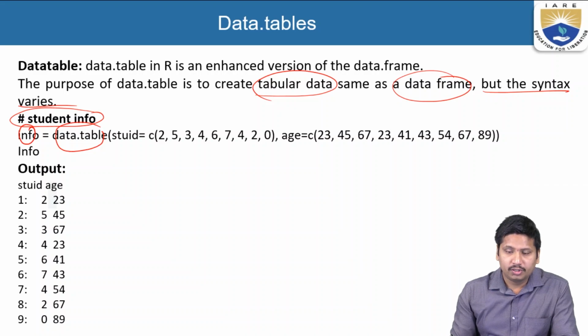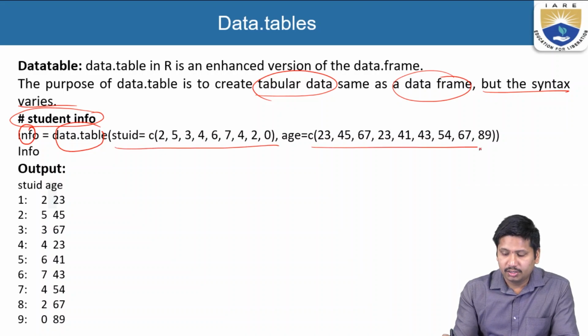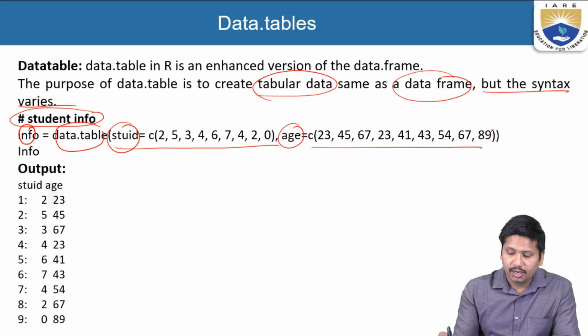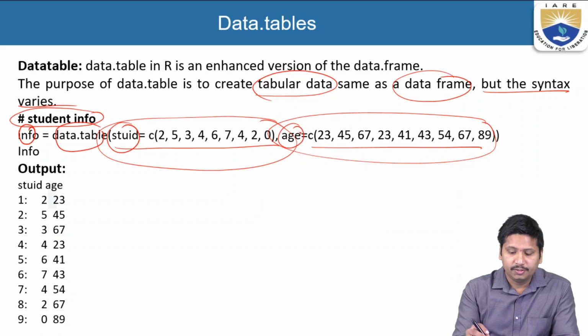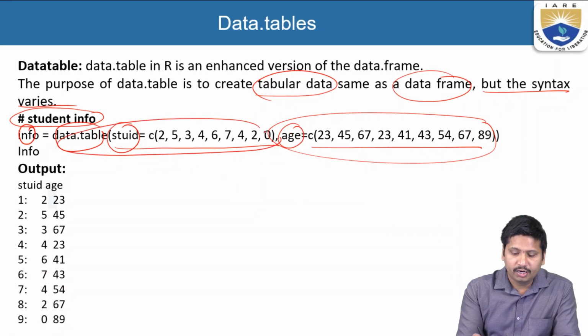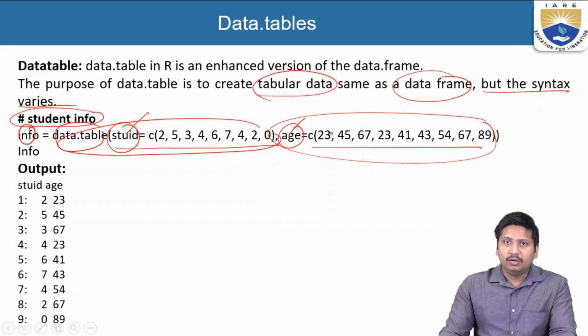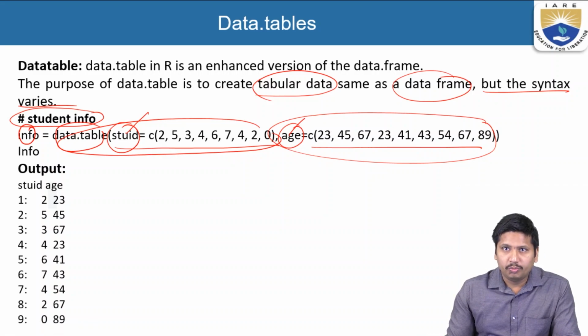In this one, I'm passing two vectors: student ID, which should be a vector of student IDs, and age, which is another argument for this data table. The entire vectors are passed as arguments here for the data table. But in a data frame, we simply pass the names of the variables to which the vectors are assigned.